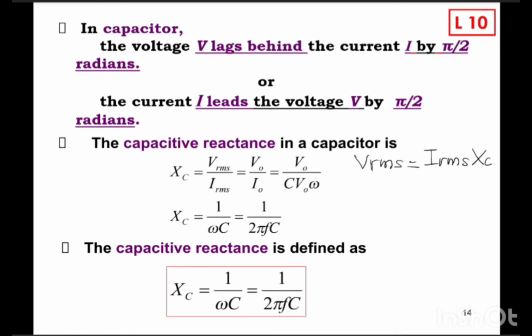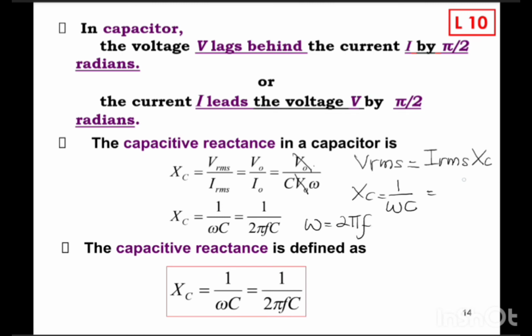So V naught equals V naught, and I naught is C V naught omega. It comes from the previous slide. So we cancel V naught, and then we get Xc equals 1 over omega C. We know that omega is 2 pi f.